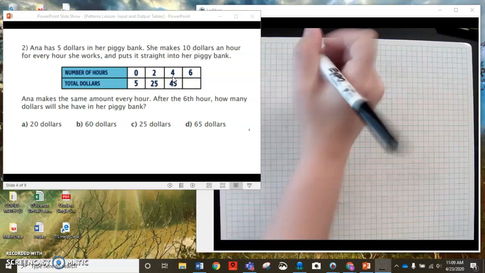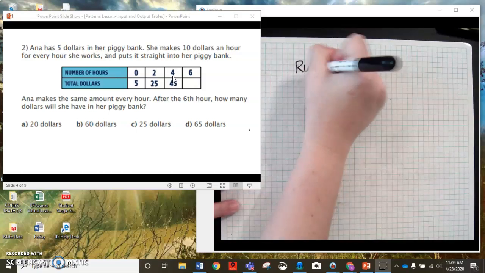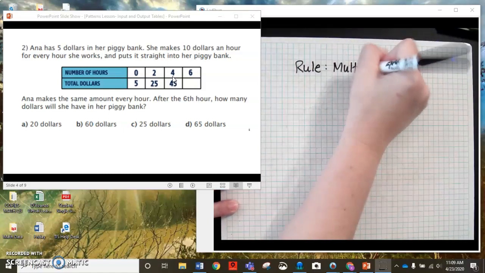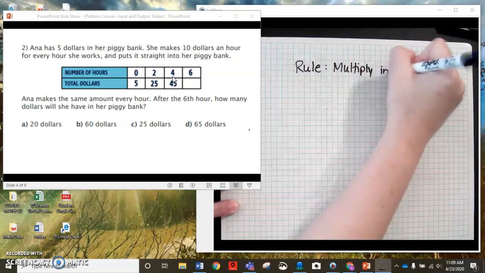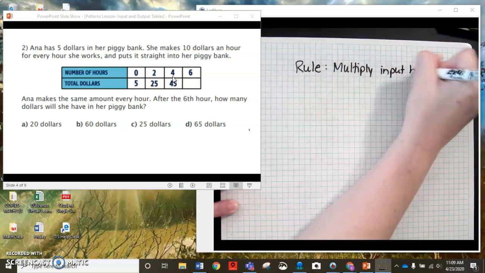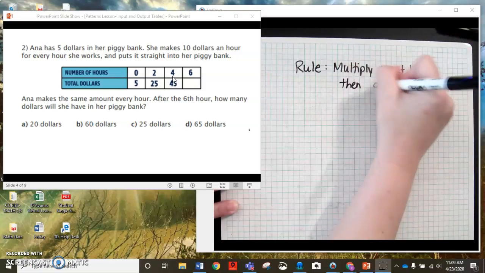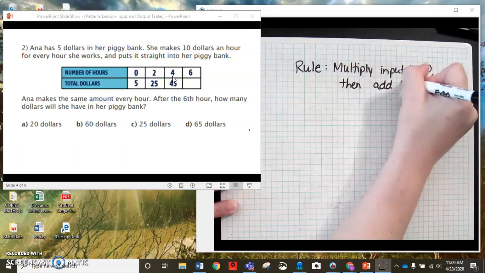So our rule: multiply the input by 10, then add 5.